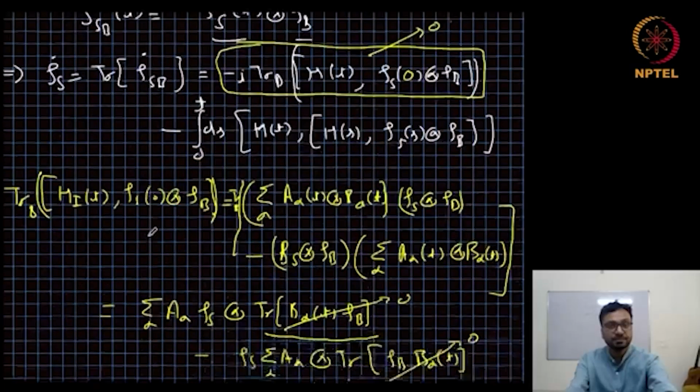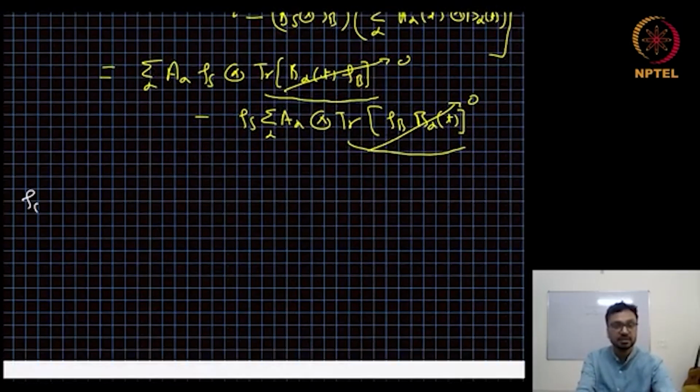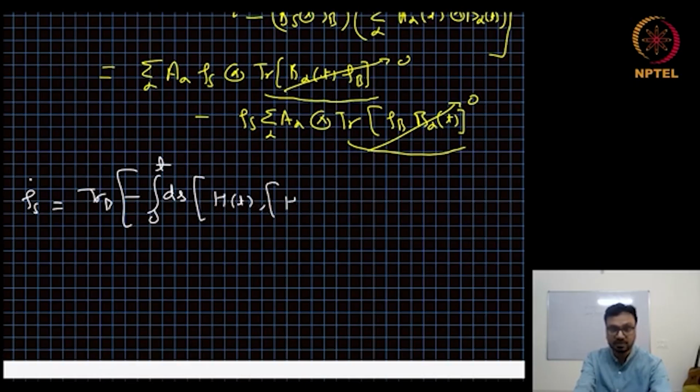And we are left with the simplified dynamical equation, that is rho S dot equals trace over bath of minus the integral from 0 to t ds, where s is the integration parameter, of [H(t), [H_S(s), rho system at time s tensor rho bath]]. Our task is to simplify this equation and bring it to a simple form.